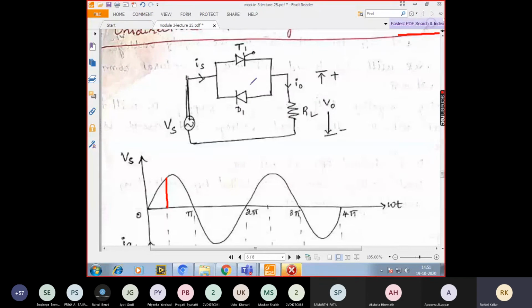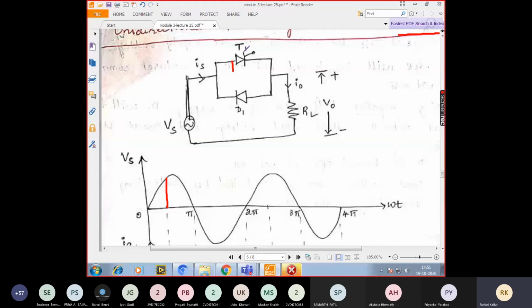Whatever I want to do, I should do when the thyristor T1 is conducting, because diode D1 is an uncontrolled device, whereas thyristor T1 is a controlled device. See, if I apply, one second, let me rub this off.